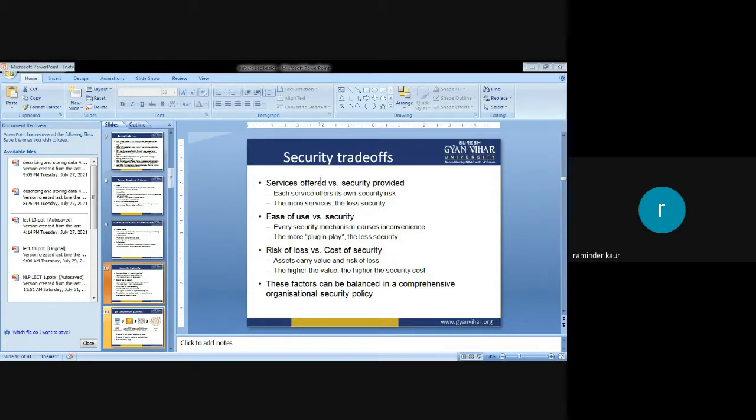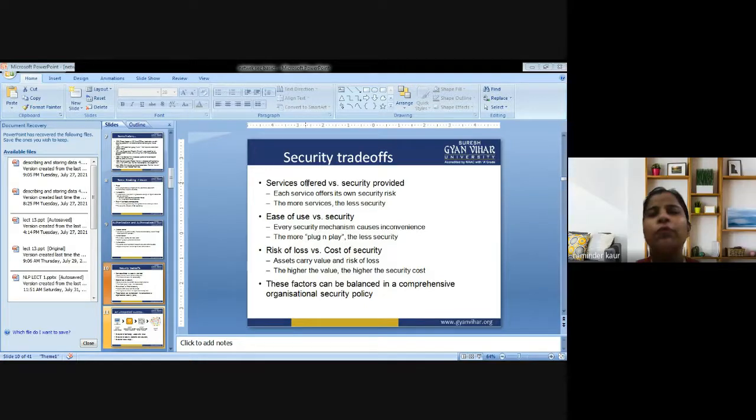In addition, there are services that could be offered by taking a huge amount of money or a small amount; it could cost you a few rupees. Each service offers its own security risk. For example, HTTP and HTTPS are free of cost, but we have to pay for the internet connection. If you want to avail some premium services, then you are supposed to pay for them. So the more the services, the less the security.